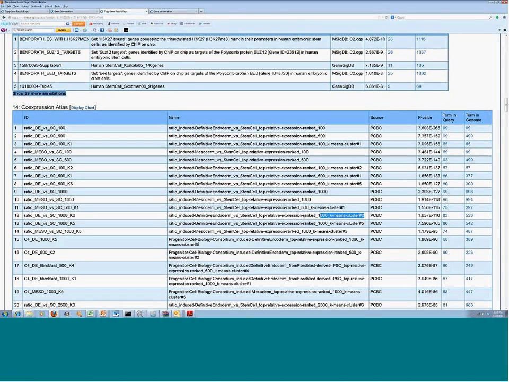Clustering it like I showed you, a more refined signature, I've now enlarged it to a 523 gene signature that is characteristic of what some of the top genes of the top 100 show.